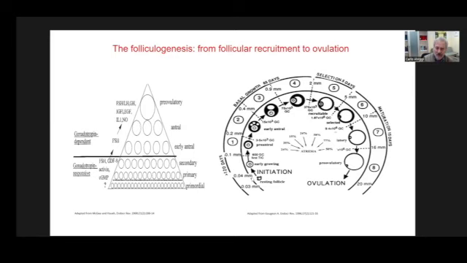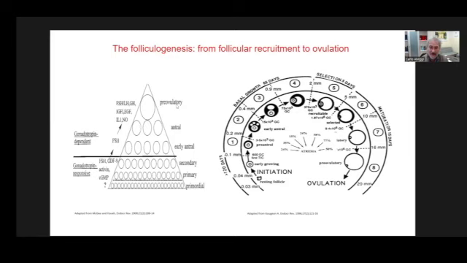And so what we have to keep in mind is that this process, from the moment follicles are at the primary stage until the moment of ovulation, is a very long period, taking probably 90 or even 120 days.